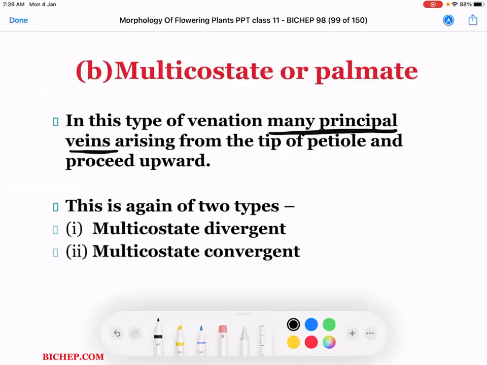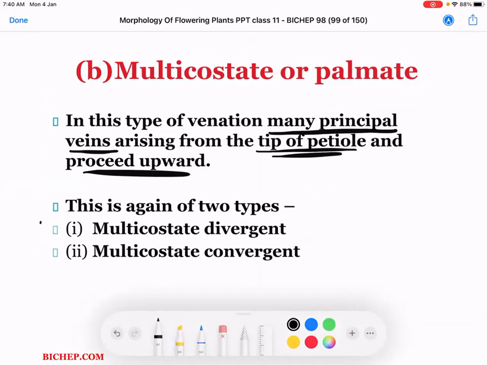In mono or unicostate, there was only one primary vein. Here they have many primary veins, which arise from the tip of the petiole and proceed upwards.